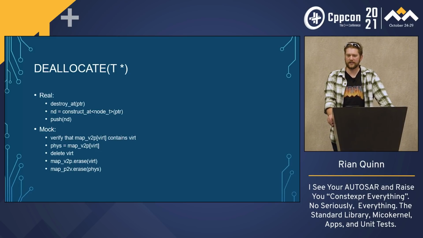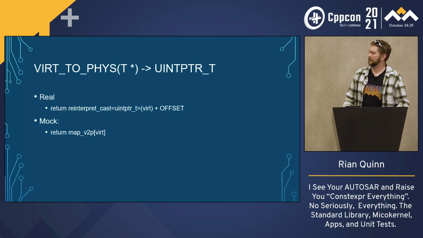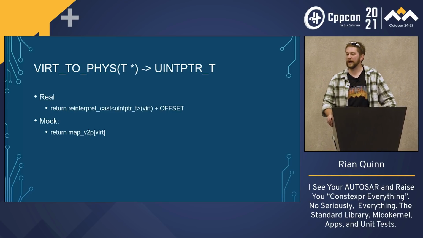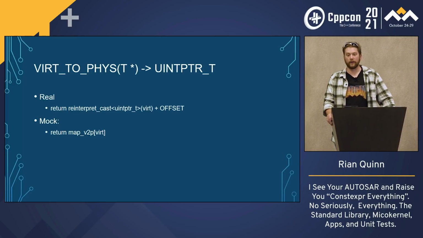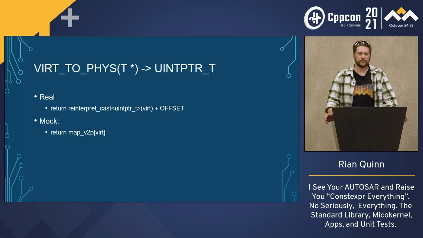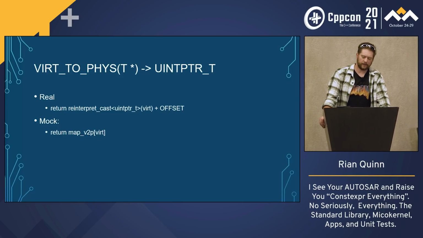Because now all my unit tests can prove that I've ensured you're never giving me some address I've never seen before. You haven't moved it and somehow given me some address to an array somewhere inside the array. You haven't given me a null pointer or something like that. Then the rest of it's in the reverse, right? I get my physical address from my map, I then delete, and then I erase all evidence that this ever took place.